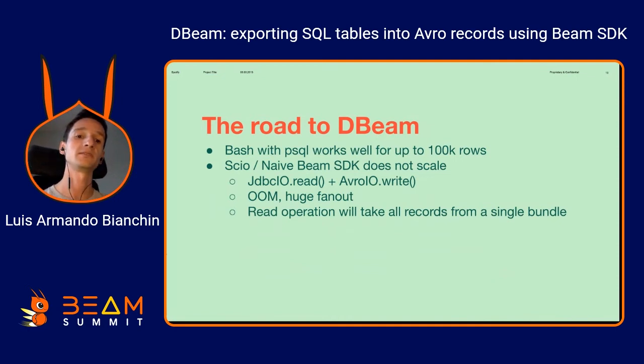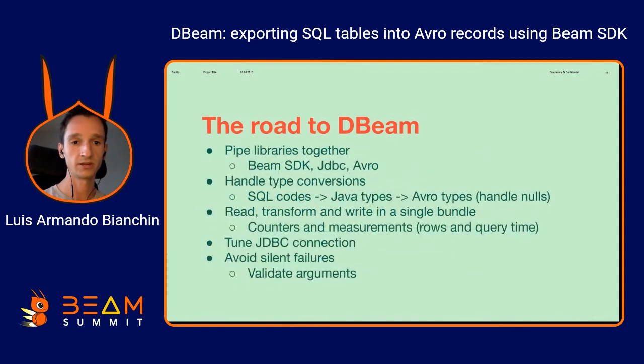But the problem here is the JDBC IO read would read all the records into a single bundle in Beam, and this would lead to a huge fan out of data and out of memory. So before it starts to write to Avro, it would read everything into memory. The read operation was taking all the records, and it did not scale for millions of records.